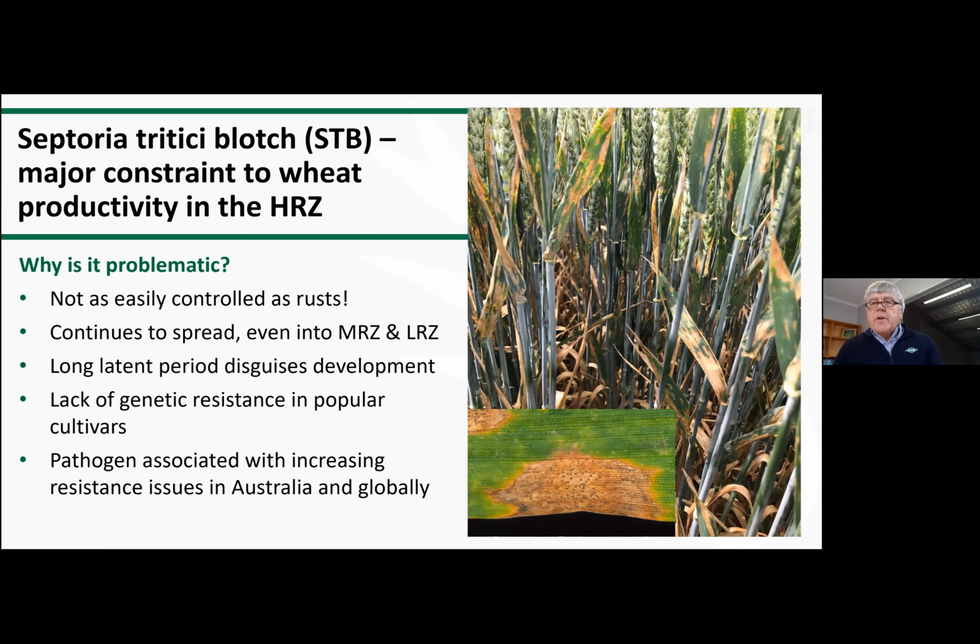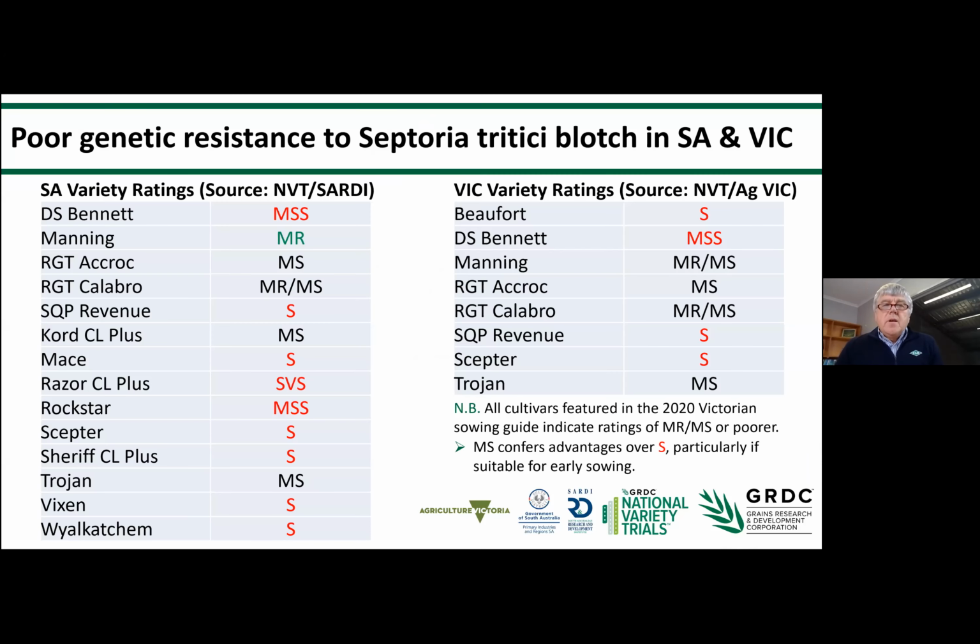Let's look at some of those points in a little detail. Here's an indication of the resistance ratings that we've got in some of our common high rainfall zone varieties. And this isn't an exhaustive list, my apologies, but it's probably some of the more popular varieties that will be grown in the longer season HRZ regions, particularly in the eastern states.